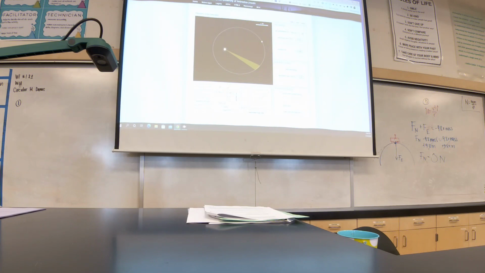So in your data table, when it asks you for P, that's your period, then I want you to put the 2.96, but if it asks you for P squared, I want you to put that total. That's right below it. Because I want you to understand that the P and the A are related to each other in terms of those two powers, P squared and A cubed.